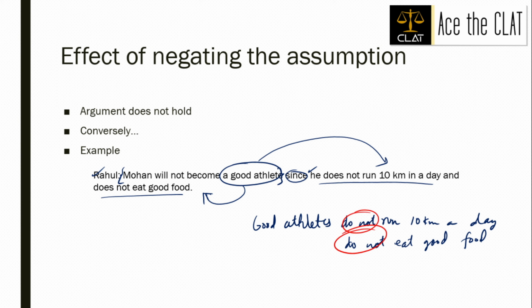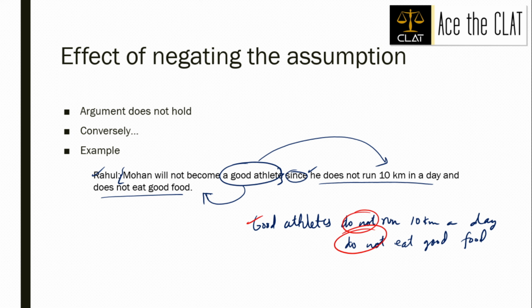Now in this example, did you also find it obvious that once Rahul starts running 10 kilometers a day or eating good food or even doing both, he will become a good athlete? Did you also think about that? Well, in that case, you need to think again, because this is again a fund of sufficient and necessary conditions, right?